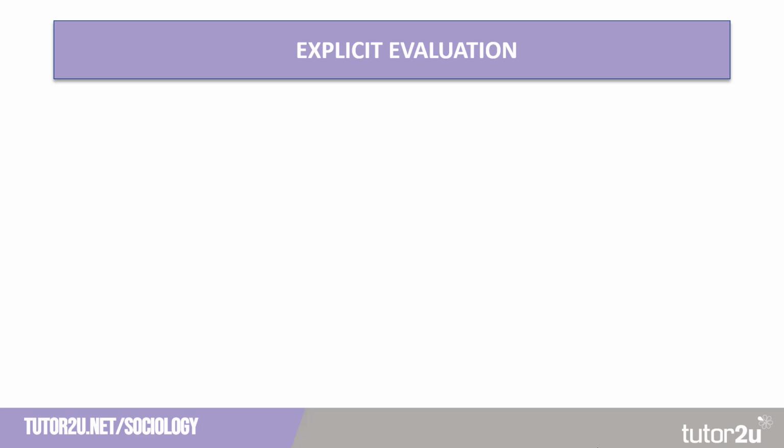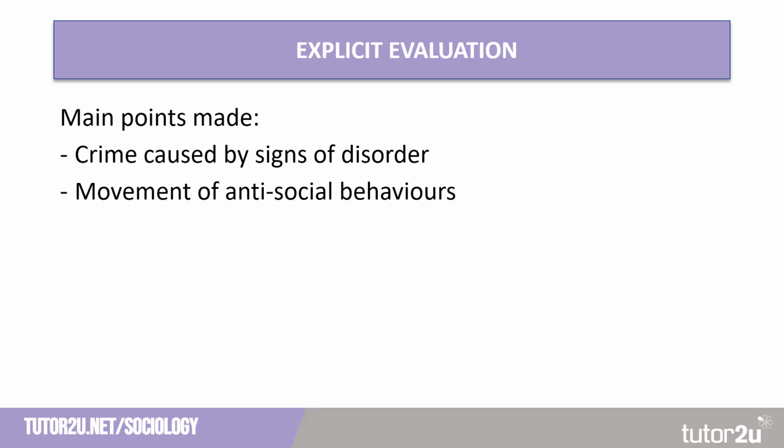Now, when we do evaluations, we need to explicitly evaluate the points that were made earlier in the paragraph. So if we think about two of the main points that were made, that crime is caused by signs of disorder, and that zero tolerance policing moves individuals on who are committing antisocial behaviours.